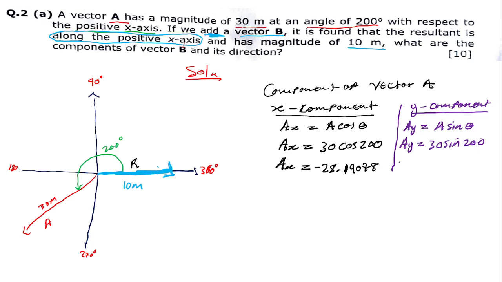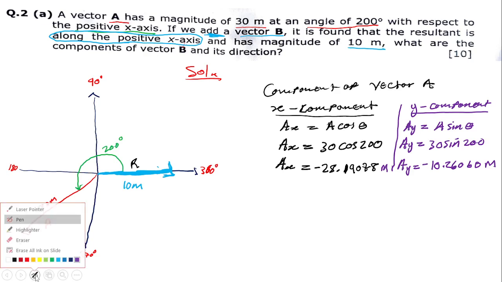Ay, the answer will simply be negative 10.2626060. Okay, so these are the components of this particular vector, and be careful to put the unit meter there and also there, because there are some lecturers or professors who are very strict.